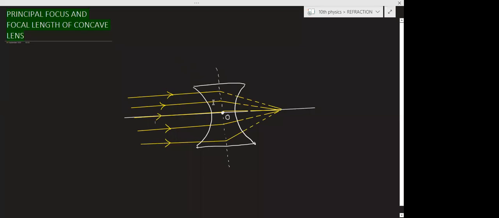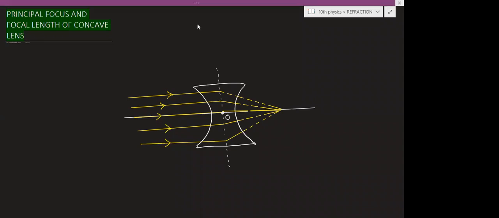So in case of concave lens, what happens? Rays after refraction will appear to meet at a point. In actual, these rays will diverge. So these rays will be like this.